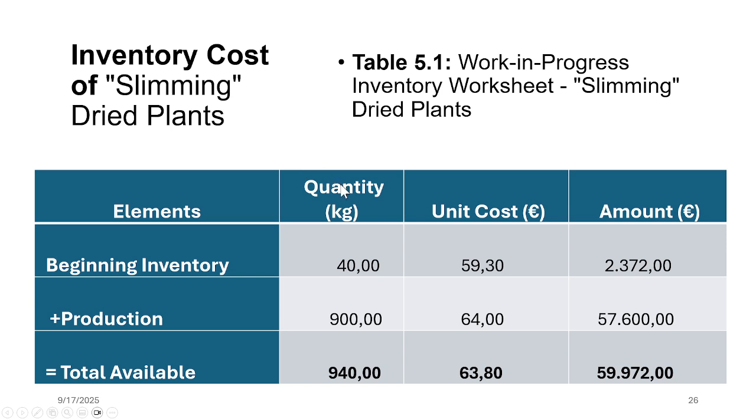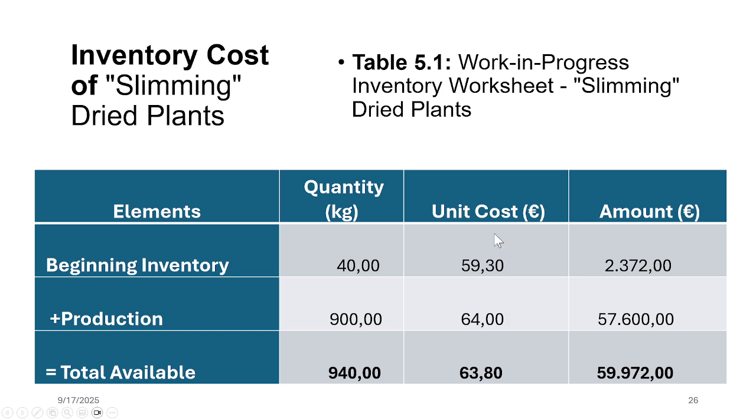Here for the quantity, at the beginning we have 40 kilograms, and we produce 900. So the total available should be the sum of the beginning plus the production, so we have 940.